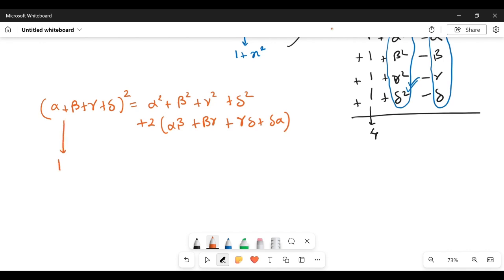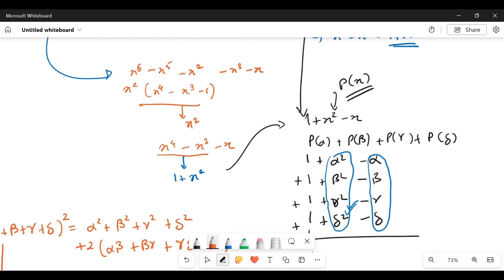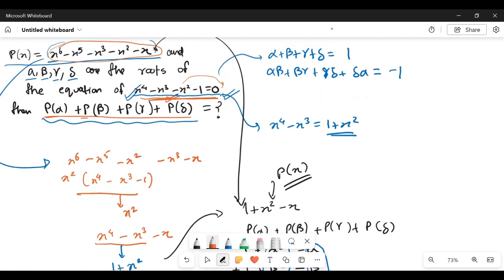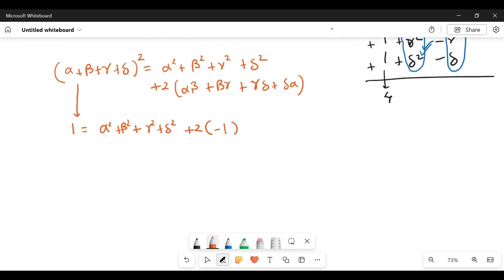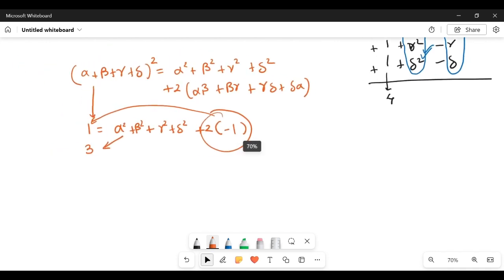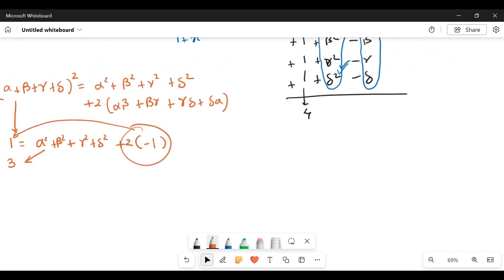This 1 is equal to alpha square plus beta square plus gamma square plus delta square plus 2 times, and as we saw its value here, right? Okay, so let's club that value, and that would be -1, that would be 3, right? Simply bring it to this side. Okay, so then what do we get?